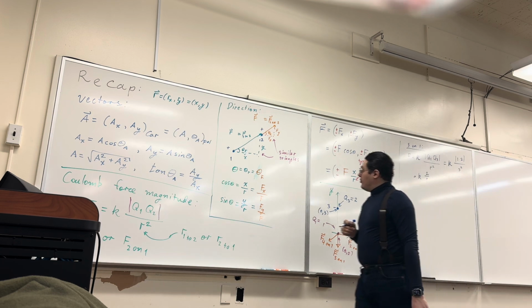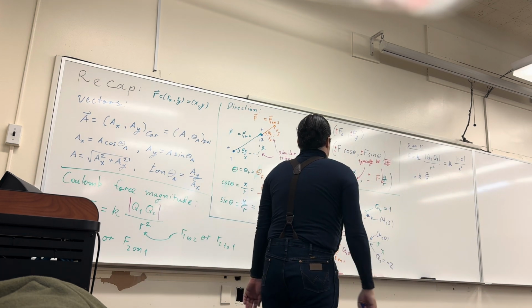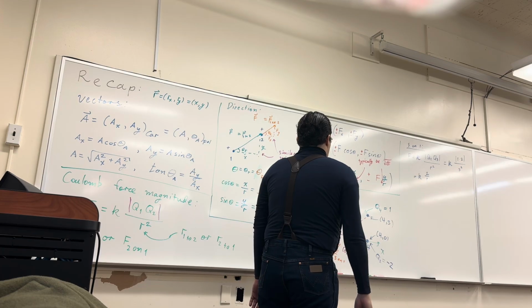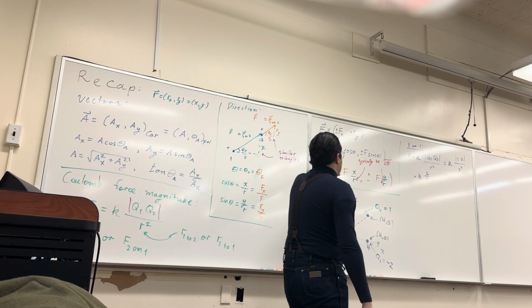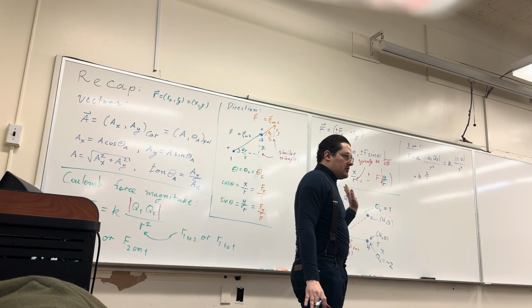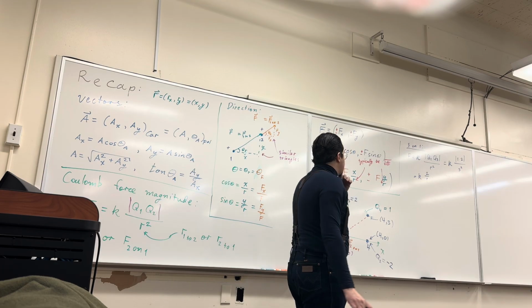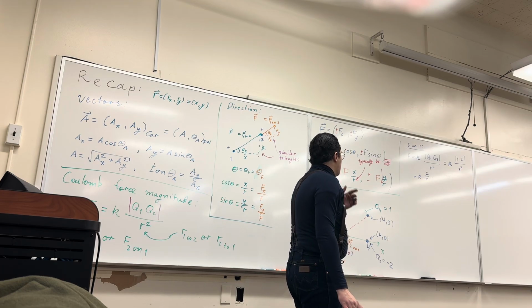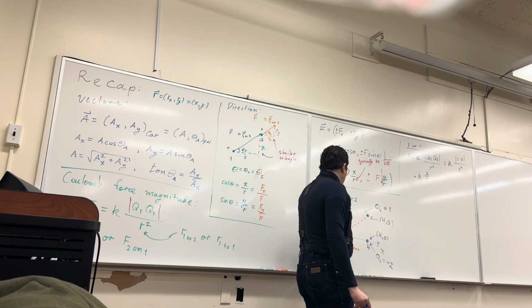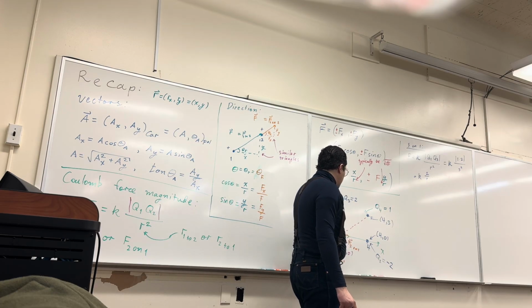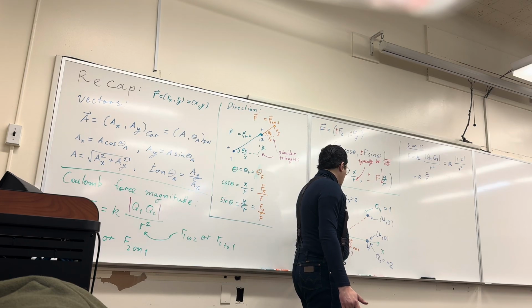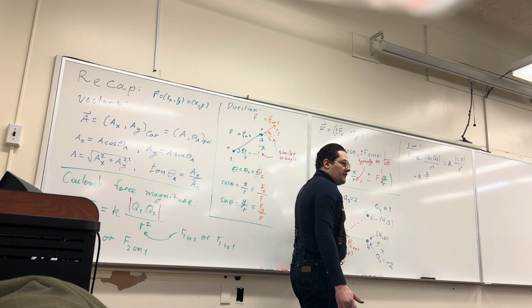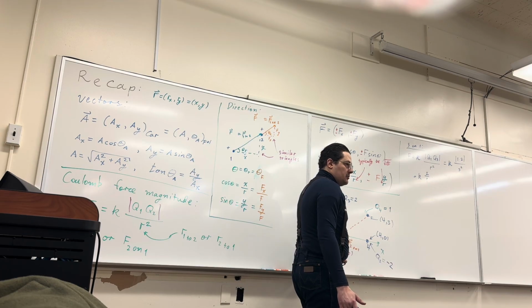Now we don't really have to do any of this cosine, sine, similar triangles business because, well, let's put it this way. We know that the magnitude of the vector has to be equal to the absolute value of the y component because the entire vector is pointing in the y direction.